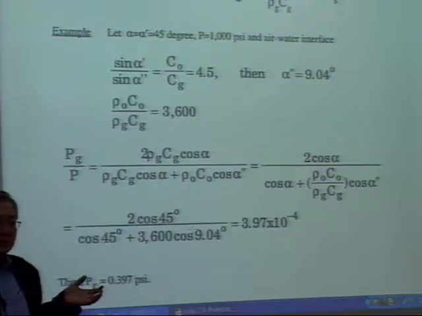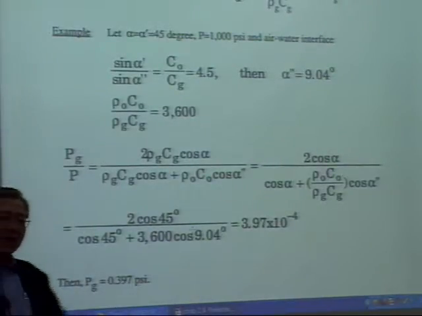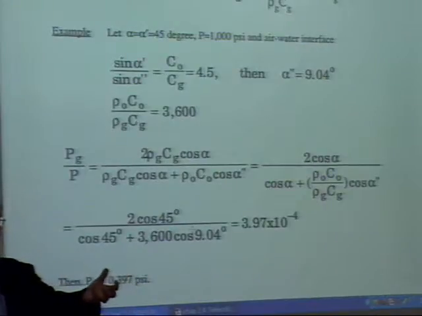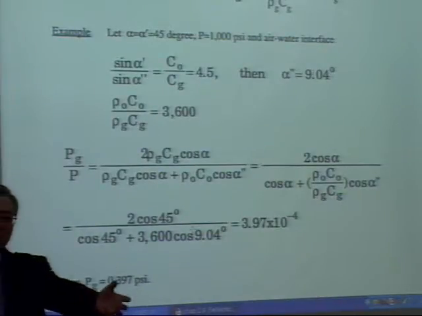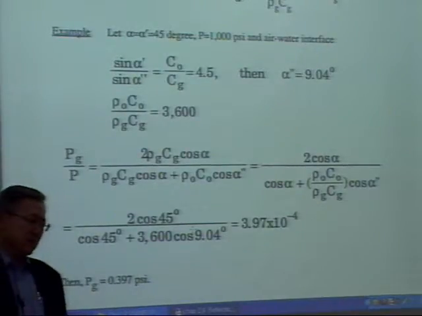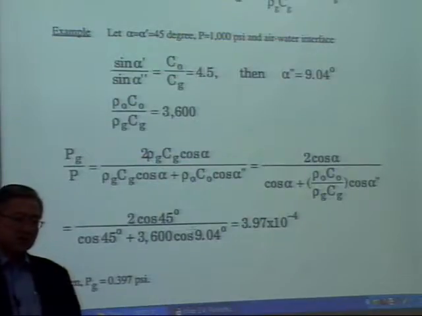In other words, you put a 1,000 kilogram charge there. Well, not the 1,000. The shock wave pressure is 1,000 megapascal.